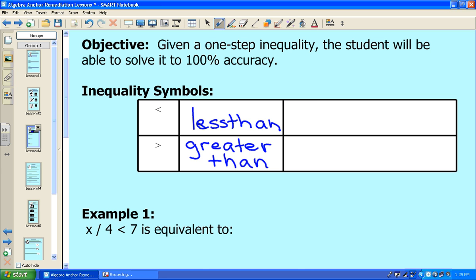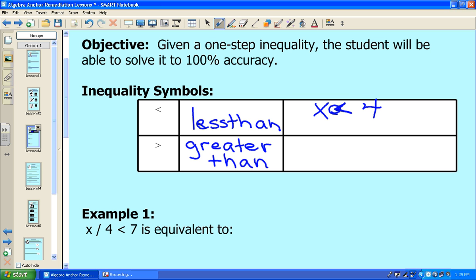For example, x is less than 4. Okay, an easy way to remember that is that less than sign looks like an L, so it's a less than. Okay, also the small part of it is headed towards the x. So that means x is any number that is less than 4.